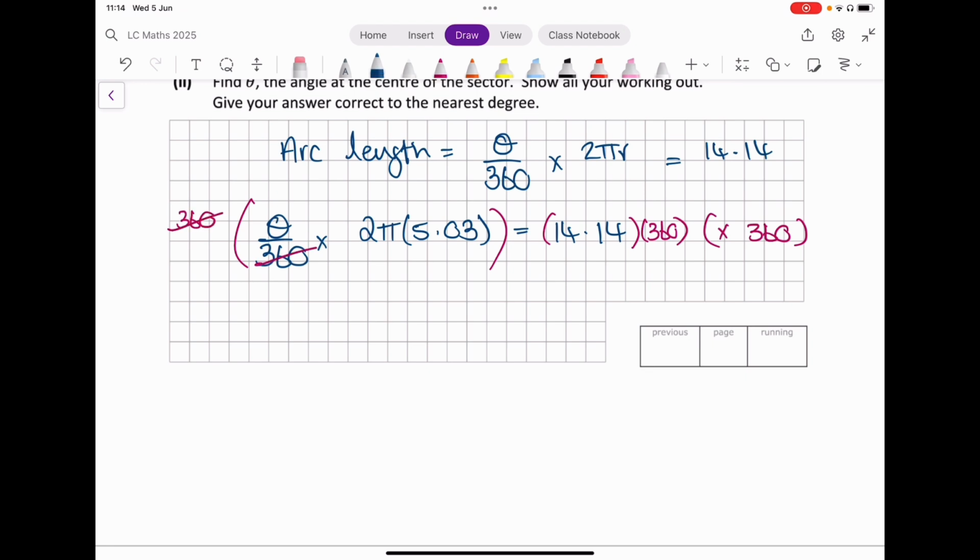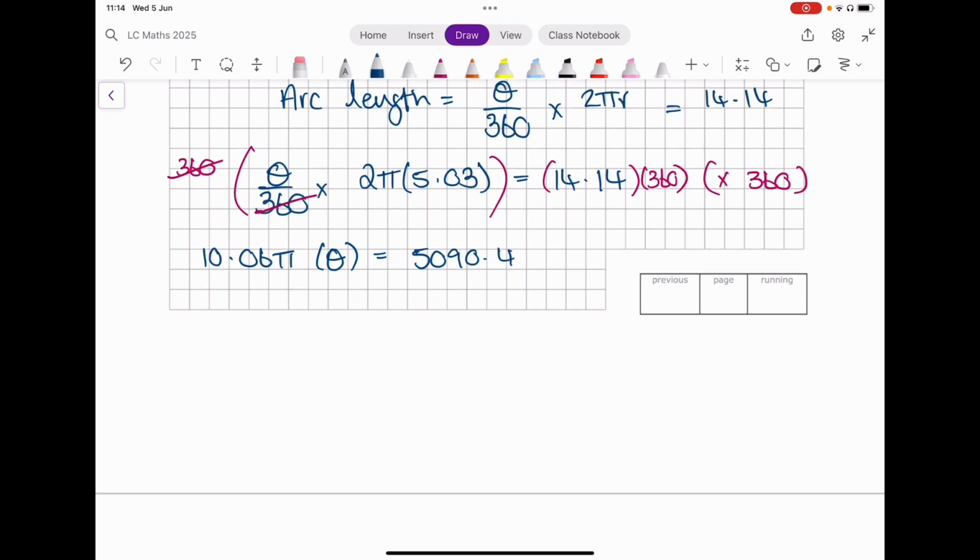And then we end up with 2 multiplied by 5.03, so 10.06 pi, all multiplied by that theta, is going to be equal to 360 by 14.14, and that gives me 5090.4.